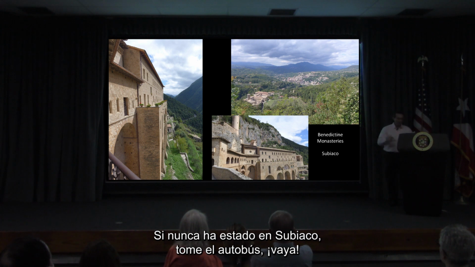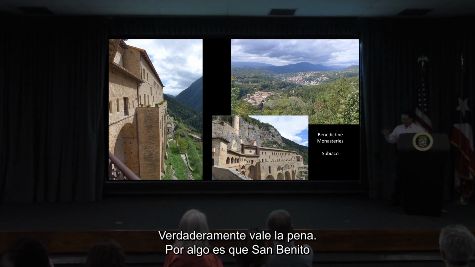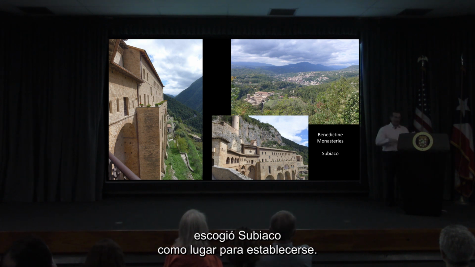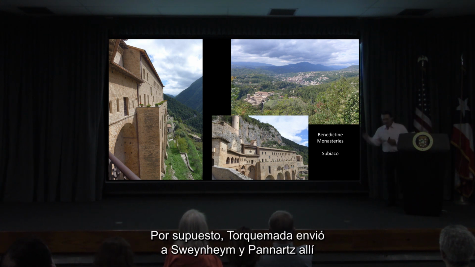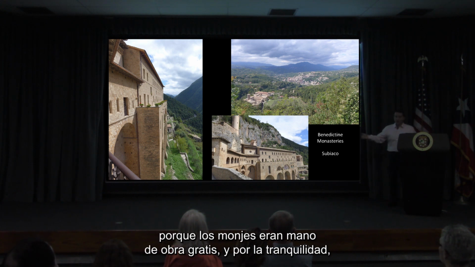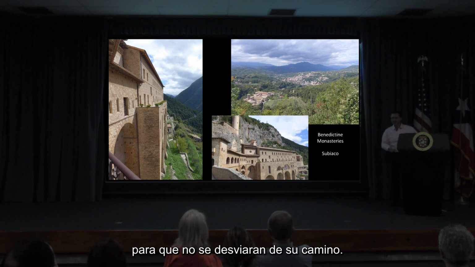If you've never been to Subiaco, take the bus, go. It's worth your time. There is a reason why Saint Benedict chose Subiaco as a place to set up shop. It is simply beautiful. Of course, Torquemada sent Sweynheym and Pannartz there for the free labor of the monks and the quiet, so that they wouldn't stray from the path.